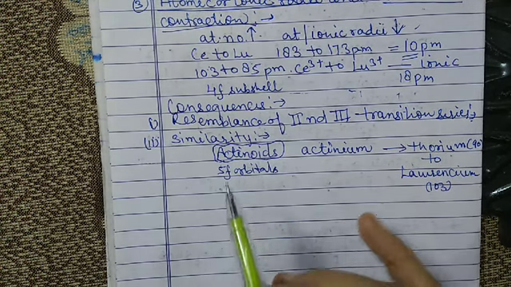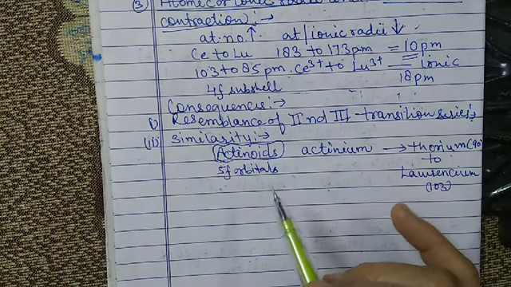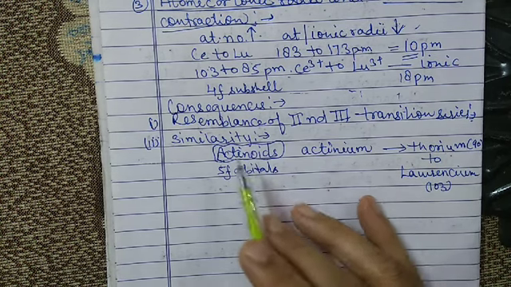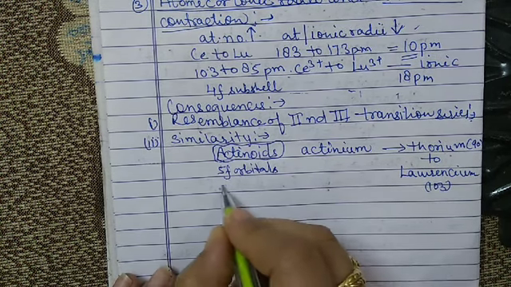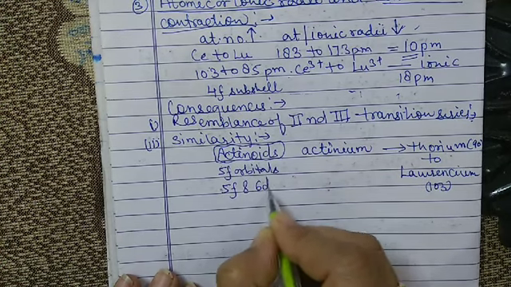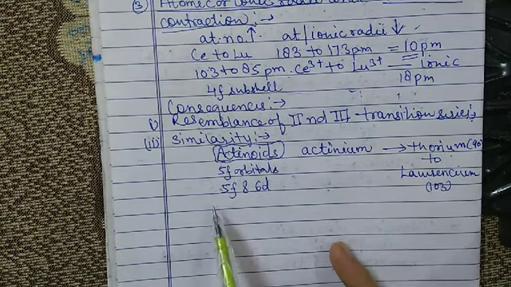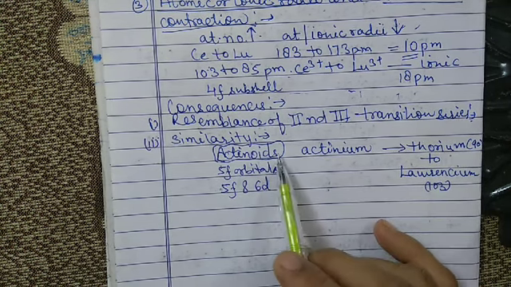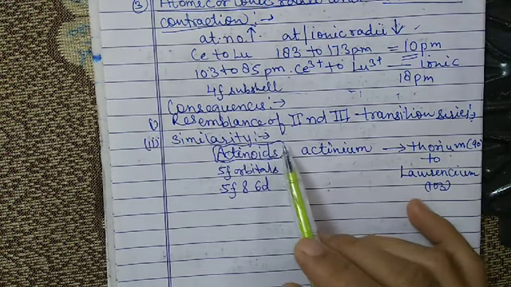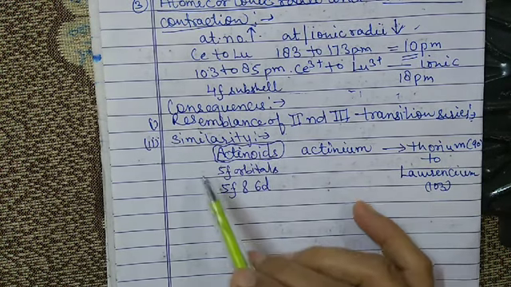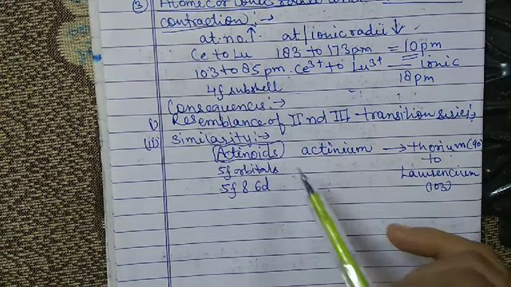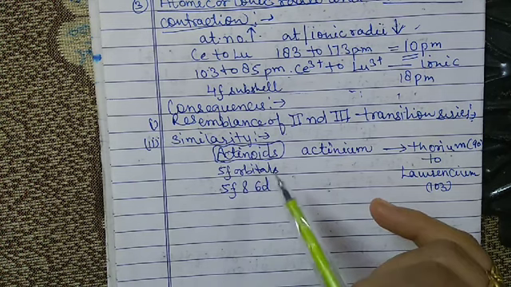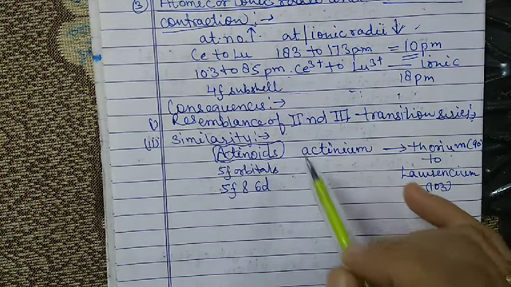From thorium onwards, 5f gets progressively filled, and because the energy of the 5f and 6d orbitals is almost similar, there are some uncertainties regarding the filling of the 5f and 6d subshells, and the electron may enter either of these two subshells.